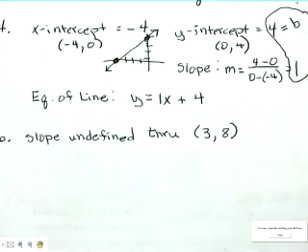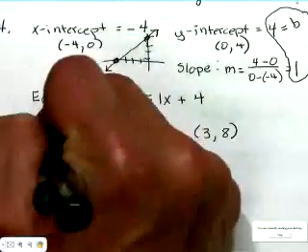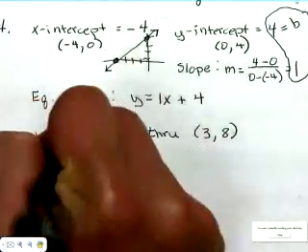I can't plug the word undefined in the place of m. I need to think about what that line looks like. If its slope is undefined, what does the line look like? It's a vertical line. So first thing I'm thinking is undefined slope gives me a vertical line.